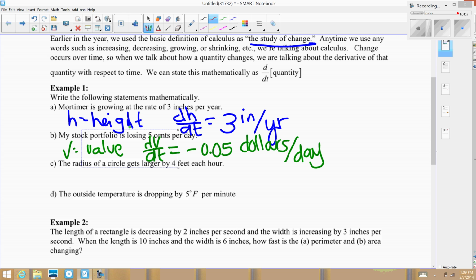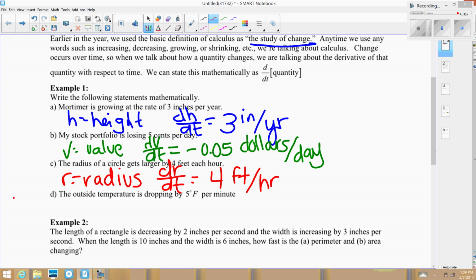We could talk about the radius of a circle getting larger, okay, so let R be the radius. So dR/dt equals, we're talking about the radius, it's getting larger by 4 feet per hour. All right, and then we could also say the outside temperature. So I'll call T temperature.